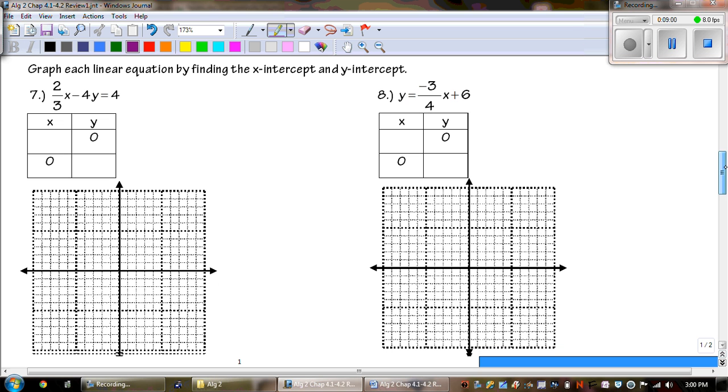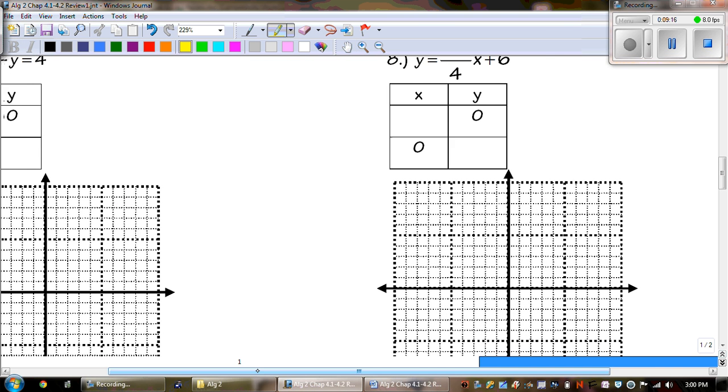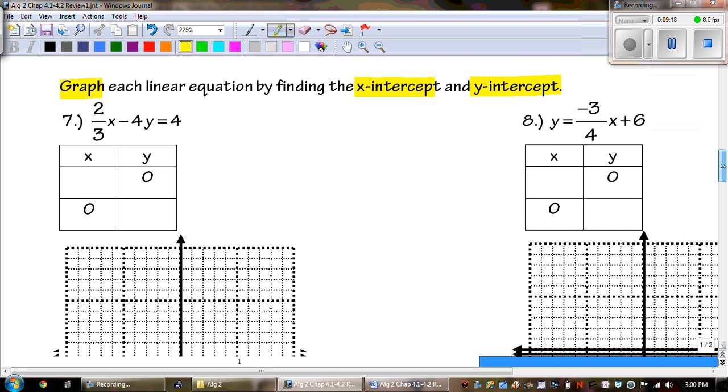Okay. Now the last one said that we need to graph each linear equation by finding the x-intercept and the y-intercept. All right, so we have to do 2 equations, solve each one twice.